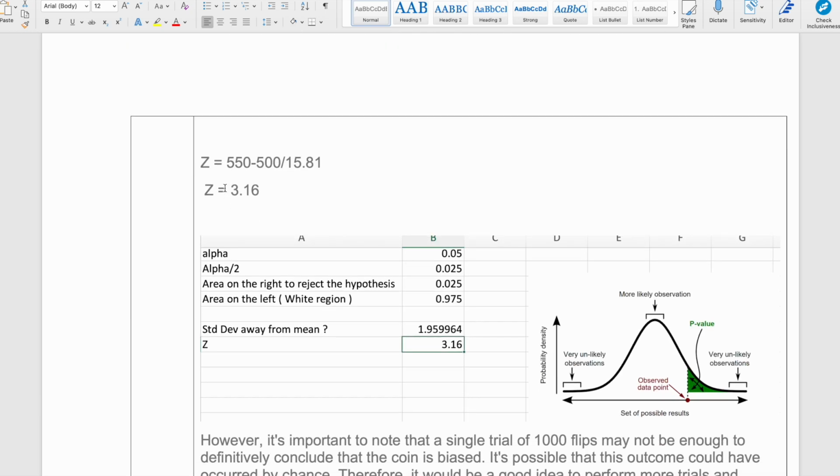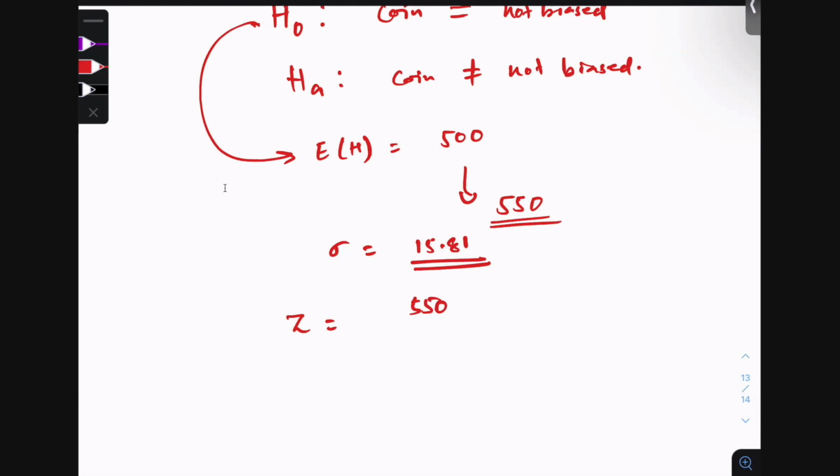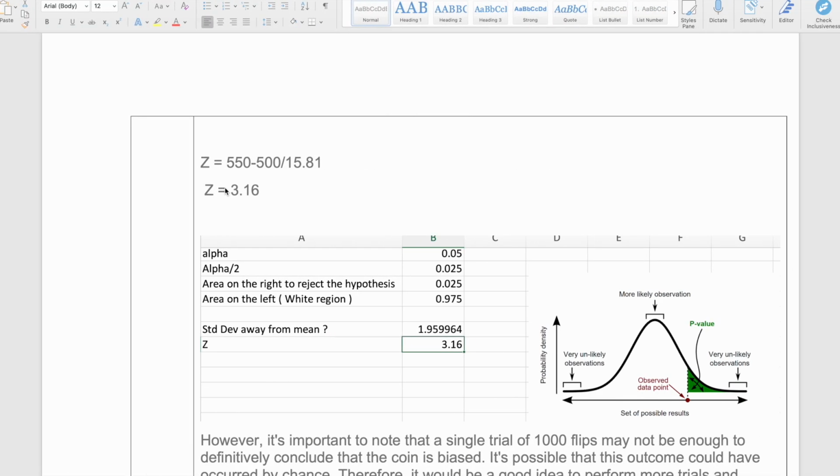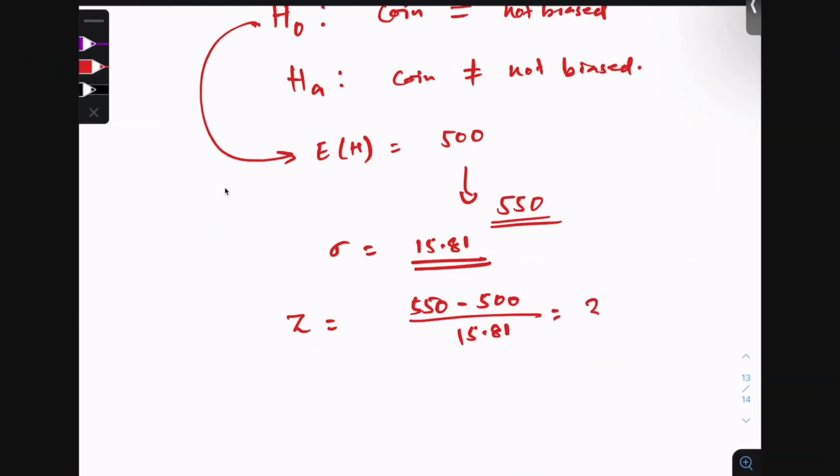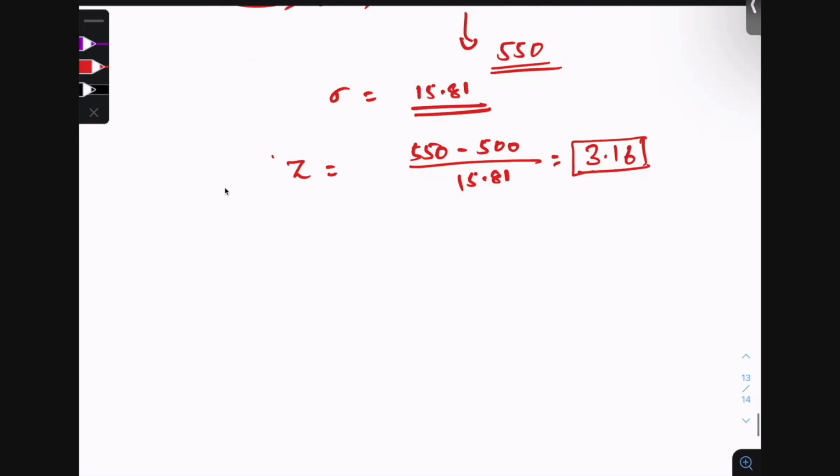So what will be my z value? My z value will be nothing but 550 minus 500 divided by 15.81, my standard deviation. And what will that value come to? That value is 3.16. This is my z-score, sorry, z-statistic.